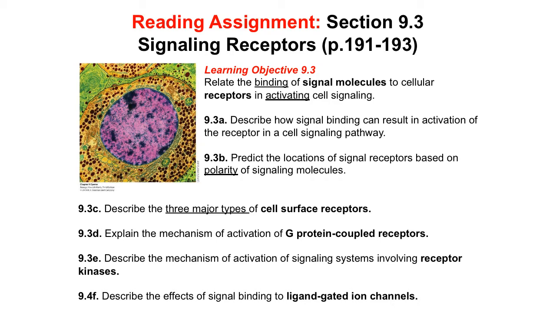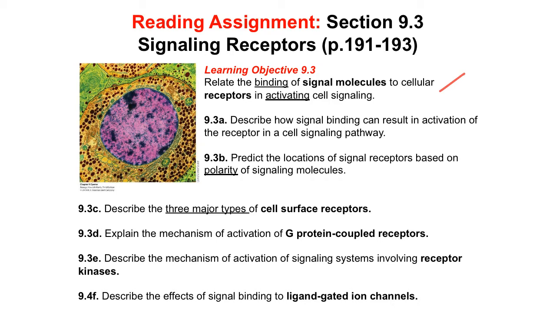The main objective of 9.3 is to be able to relate the binding of signal molecules to cellular receptors in activating cell signaling. And there are six sub-objectives in this section.